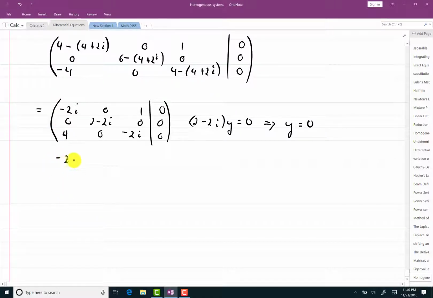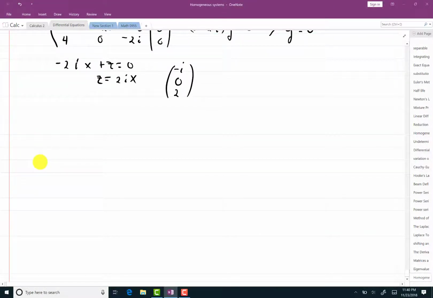So we have negative 2ix plus z equals 0, so z equals 2ix. And I already know y is equal to 0, so let me put that in. It might be easiest to allow x to equal negative i. If you do that, then you'll have 2i times negative i, which will be negative 2i squared, which will be positive 2.